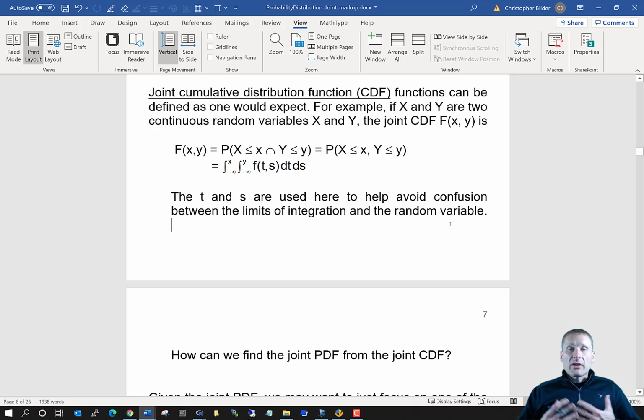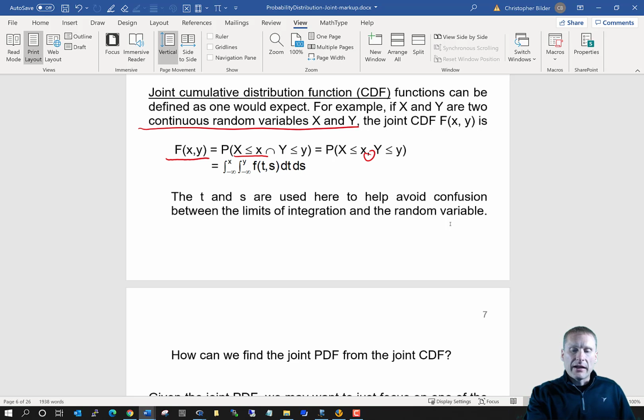Now, just like what we had for one random variable when we had CDFs, cumulative distribution functions, you could also have a CDF when you have more than one random variable, so a joint CDF. And the definition is hopefully what you would expect. So my CDF is denoted by capital F of x, y, and this is with respect to continuous random variables x and y. What I'm looking for is the probability that my random variable X is less than or equal to little x, and the probability that my random variable Y is less than or equal to little y.